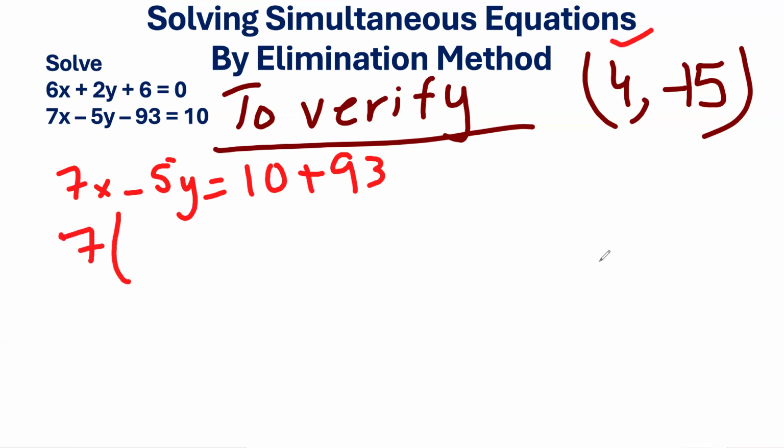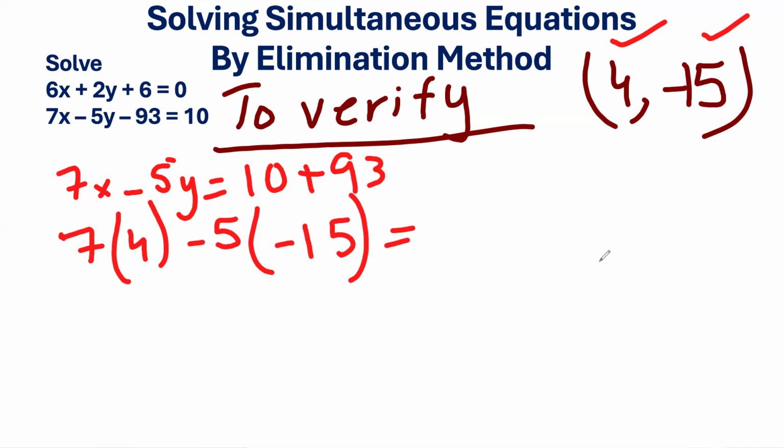You have just found it. It is 4. What is the value of y? You are just done with it. It's minus 15. 10 plus 93 will give you 103. You have to solve the left-hand side and you should get 103. Then we can say that this answer is verified and the equation is satisfied.